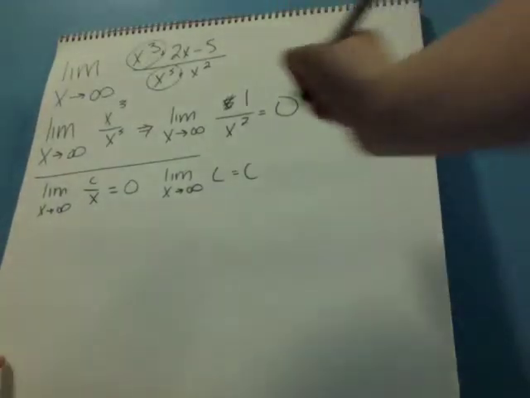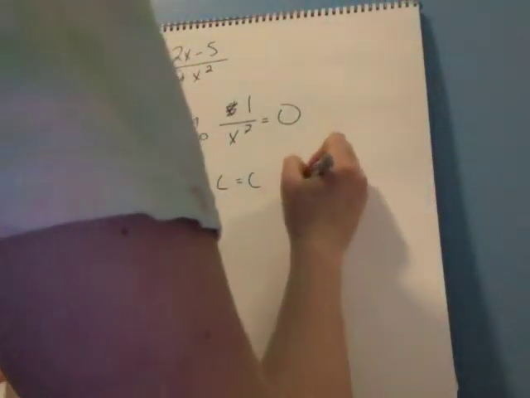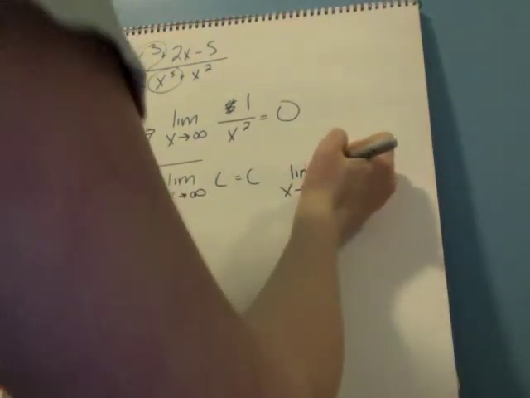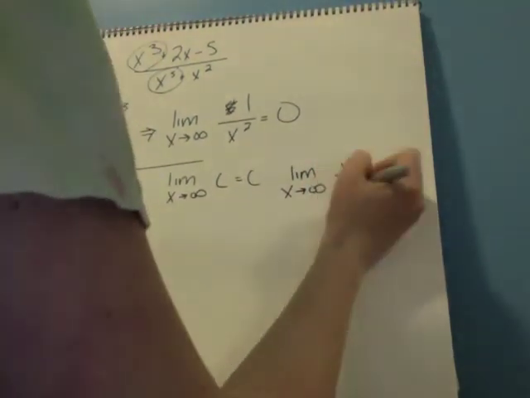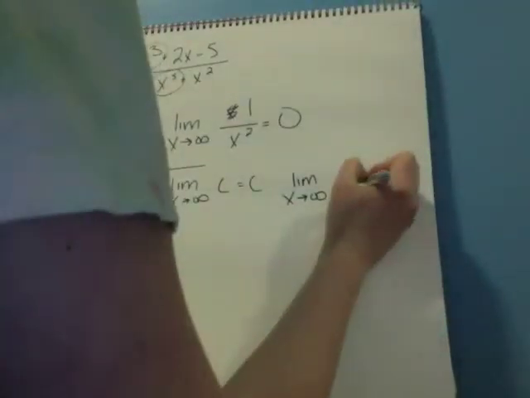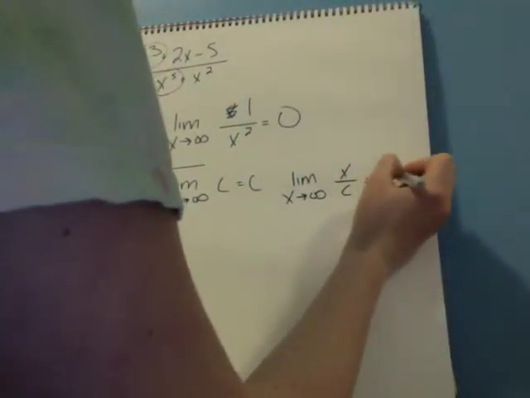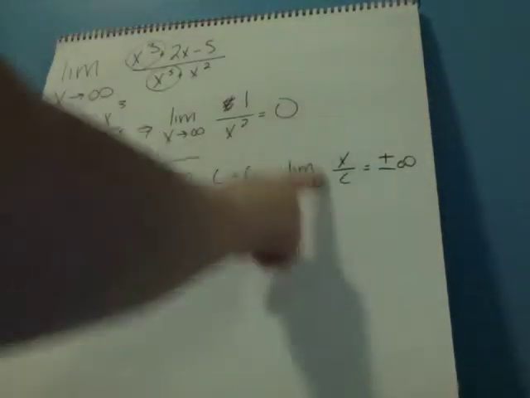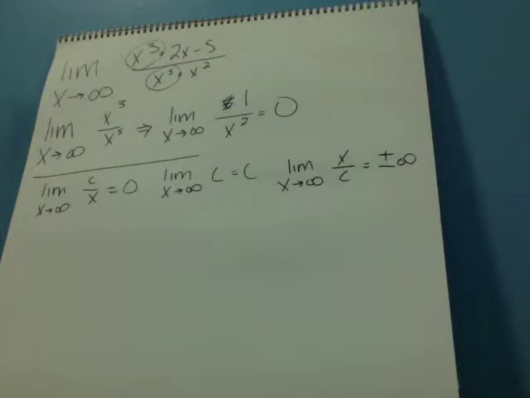And finally, if the limit of x to infinity equals x over c, c being a constant, your answer is plus or minus infinity. And that plus or minus depends on what this fraction is. If the fraction is positive, then you use positive infinity. If the fraction is negative, you use negative infinity. So that is how you solve limits to infinity.